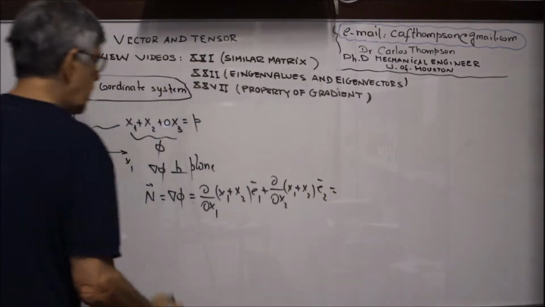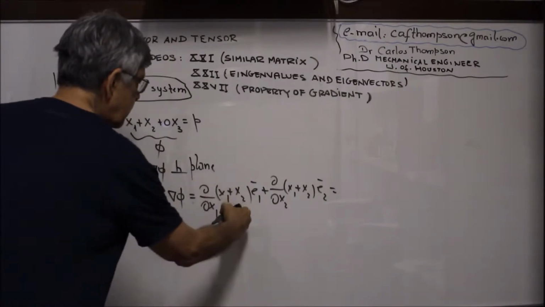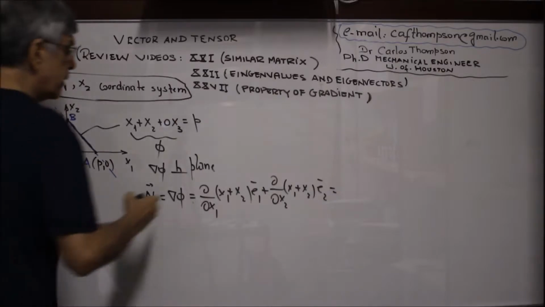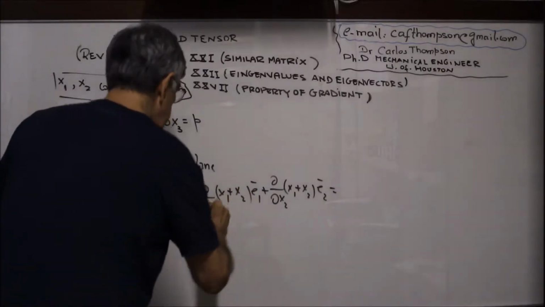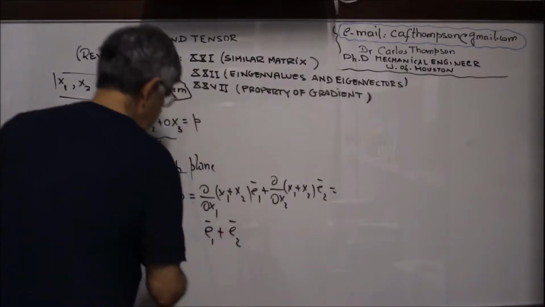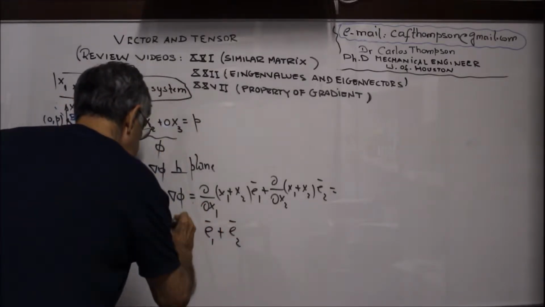Now this is 1 and this is 0 for the cross terms, because x2 and x1 are independent. So this will be 1 E1 plus E2.